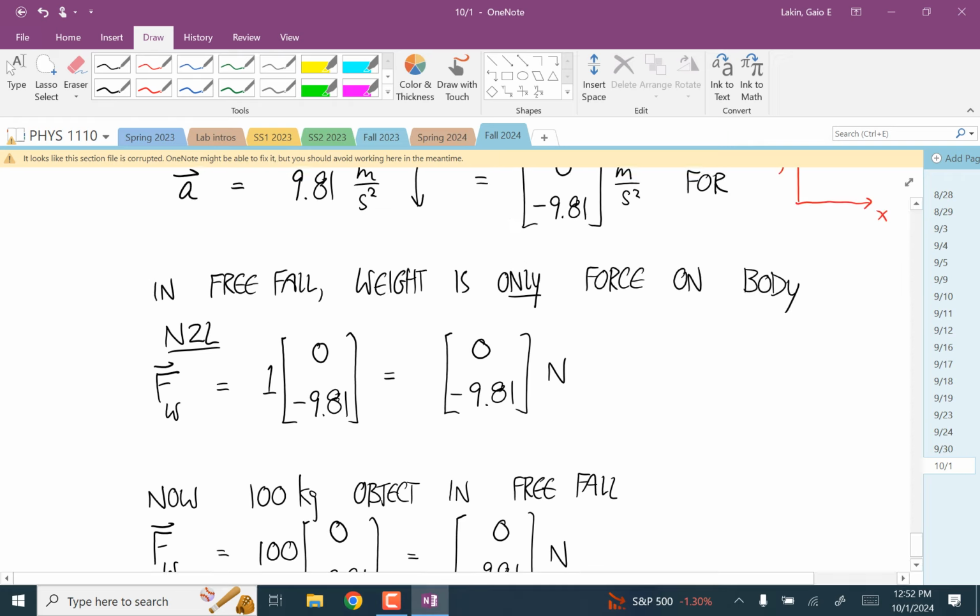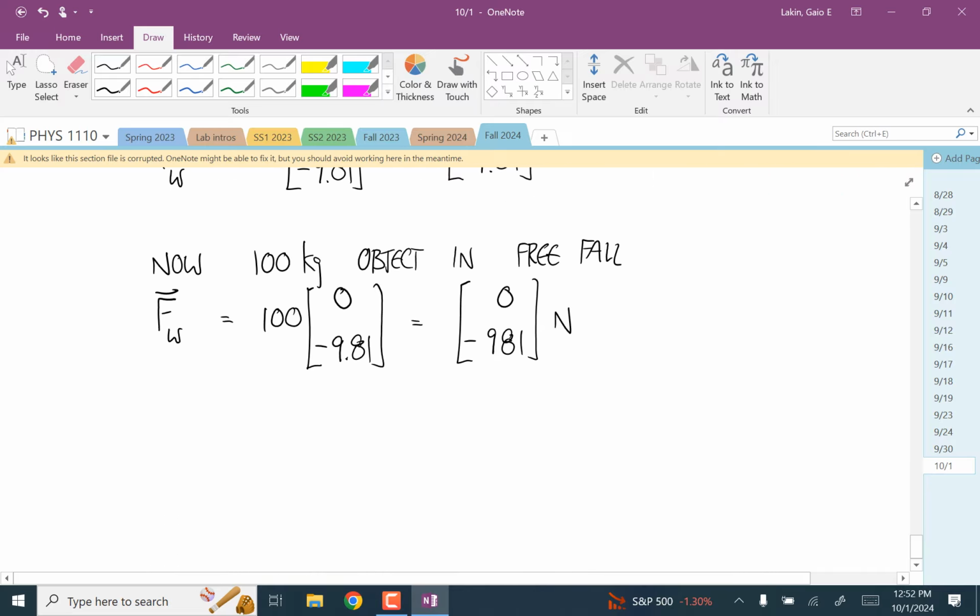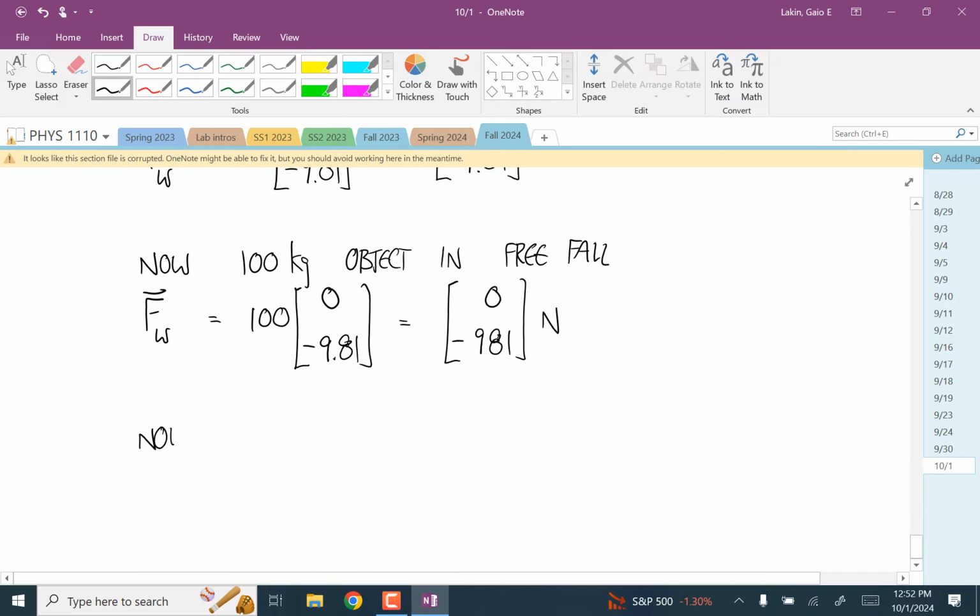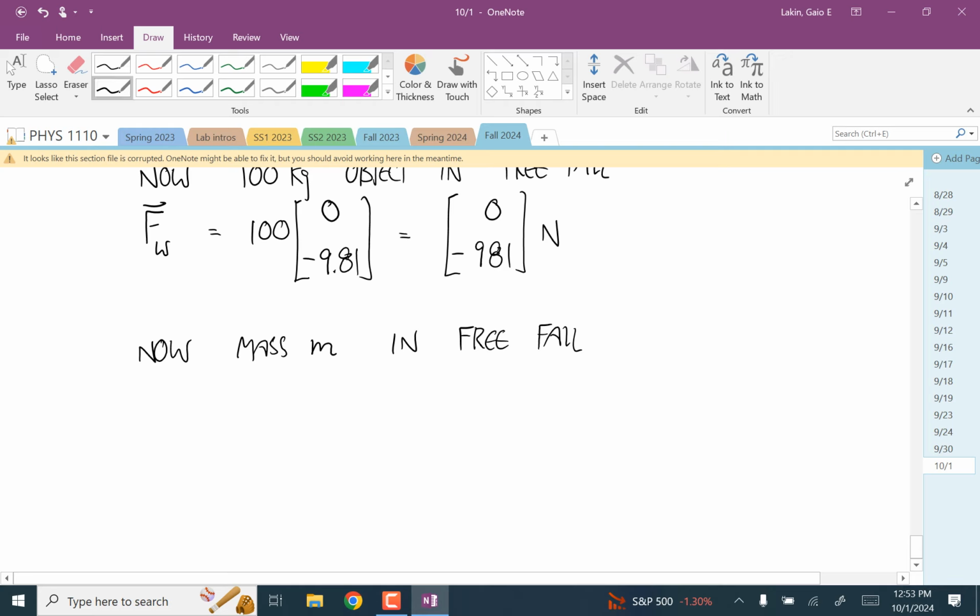And so now let's do it for a general mass. So now a mass m in free fall. And you get that the weight force is equal to m times the acceleration, which is 0, negative 9.81.